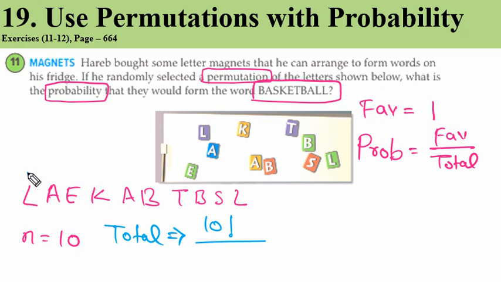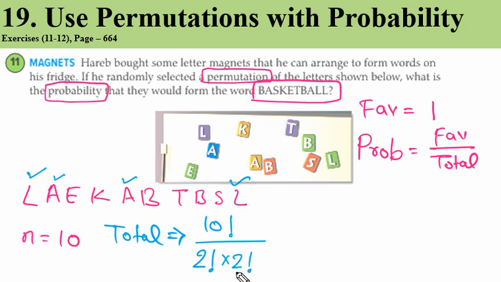Let's count L. L appears 2 times, so 2 factorial. When any letter is repeated, you divide the total number of ways by the factorial of its count. So 10 factorial divided by 2 factorial. Now check A: 1, 2, so A is repeated 2 times, multiply by 2 factorial.